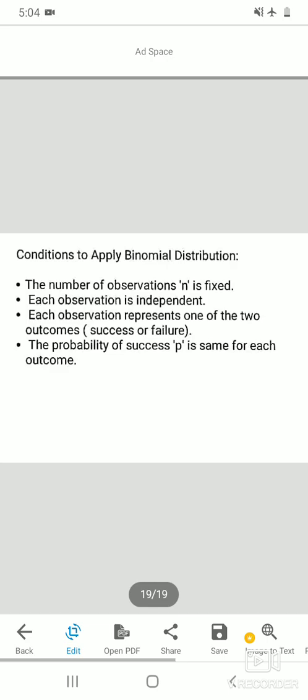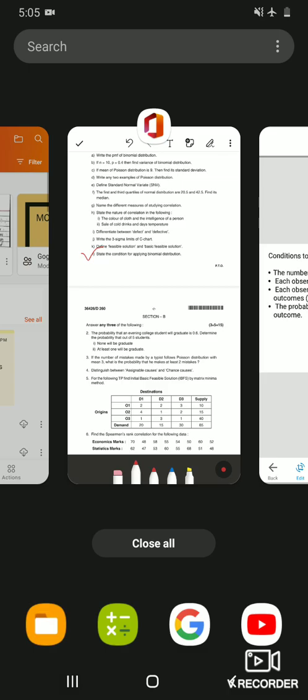Under that condition we apply binomial distribution, and each observation should be independent. There is no point of calculating probability under same situations or observations that are dependent, and number of observations should be fixed, they must not be varying, and it should be a discrete probability distribution. So these are the conditions under which you apply a binomial distribution.